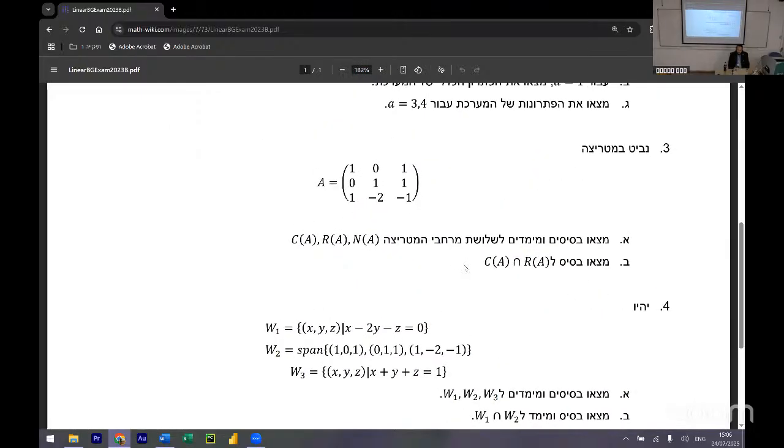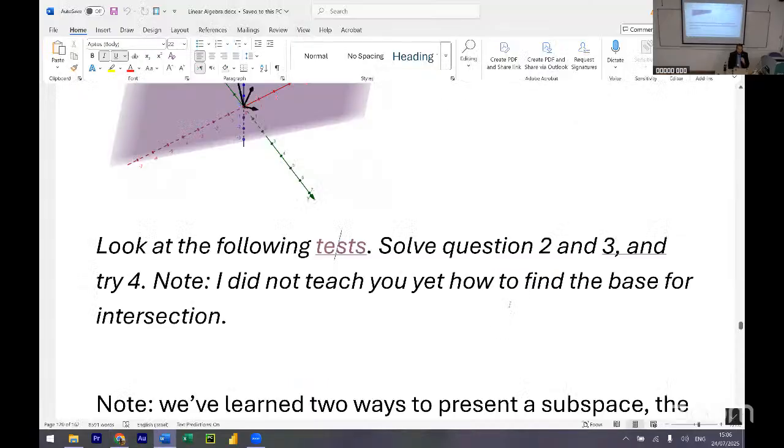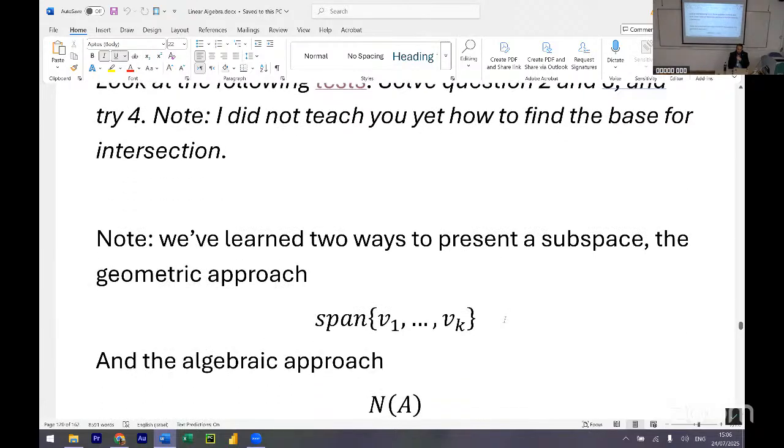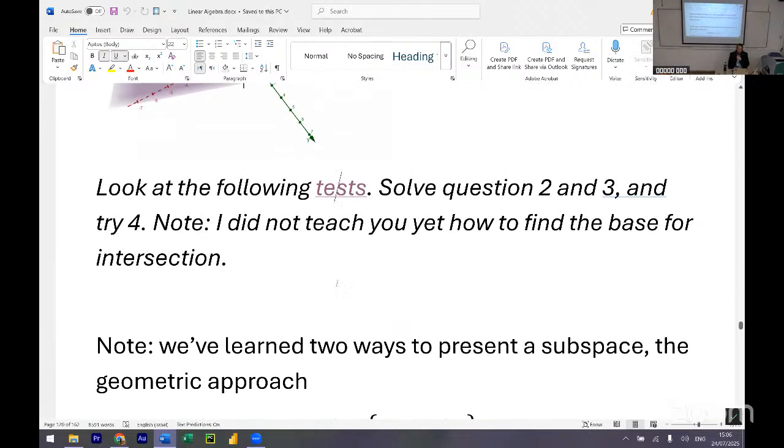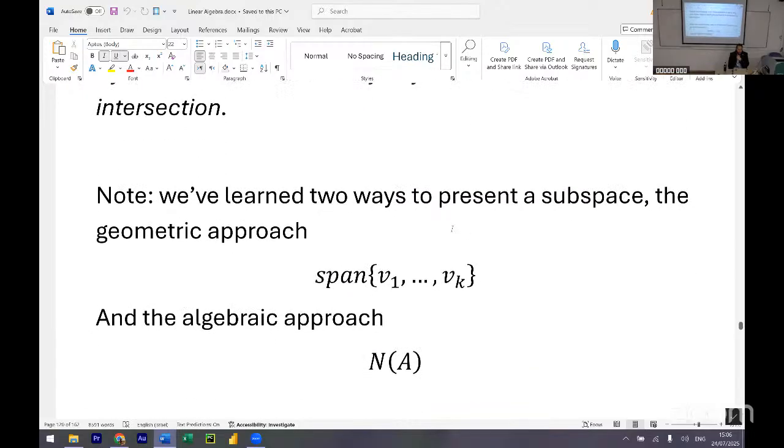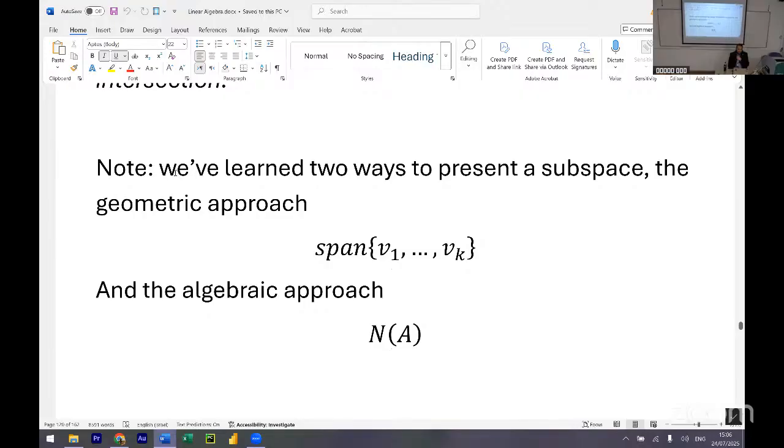question number 3, you ought to know how to solve, and you have an intersection of subspaces, and here I wrote, we've learned. Note, I did not teach you how to find the base for intersection. And then I've started teaching it.